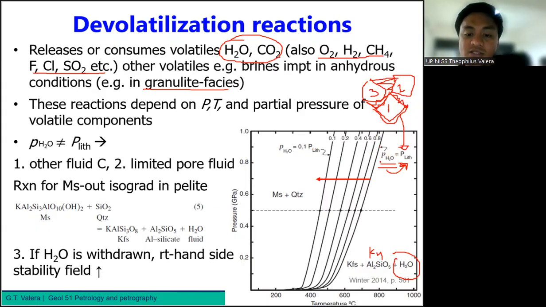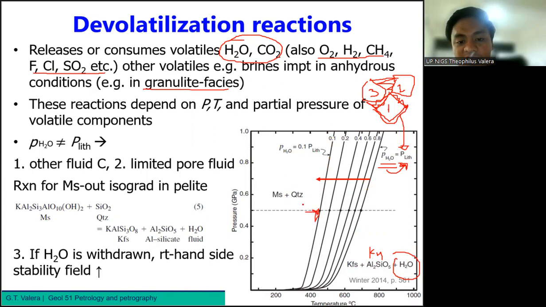Okay? And as you can see, yung location ng reaction curve natin, itong muscovite plus quartz equals alkali feldspar plus aluminum silicate plus water, shifts towards lower temperature. Meaning, for example, if yung amount mo lang ng water is 1/10 the available space, yung temperature that is needed for the reaction to proceed is actually at much lower temperatures.